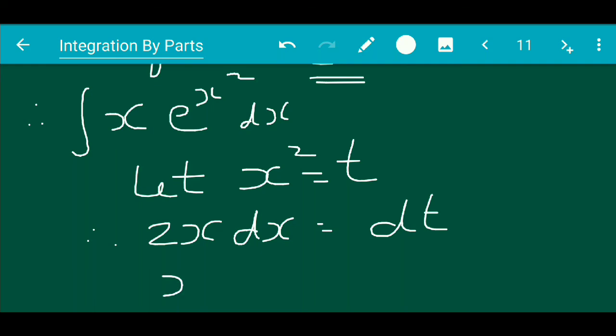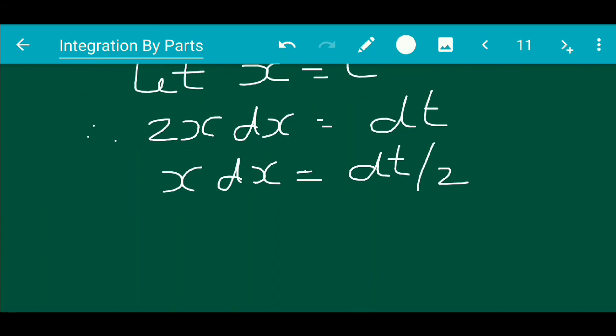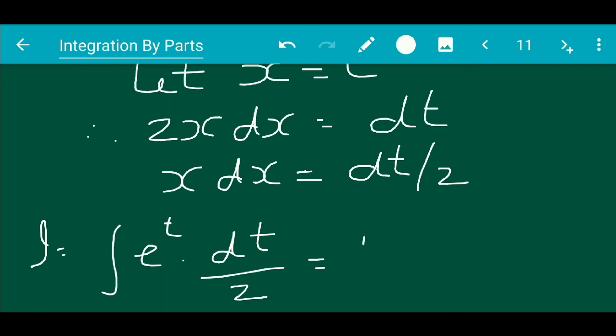So x dx becomes dt by 2. Then upon substituting, our integral becomes this way. I is equal to the integral of e raised to t, because e raised to x square, so e raised to t into dt by 2, which is 1 upon 2 the integral of e raised to t dt.